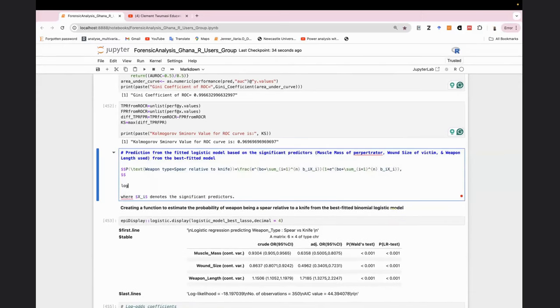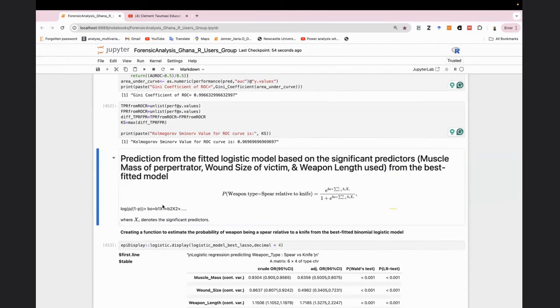Remember that the logistic model was like log of p divided by 1 minus p equals b naught plus b1 x1 plus b2 x2 plus, in that fashion. Imagine this was the original.